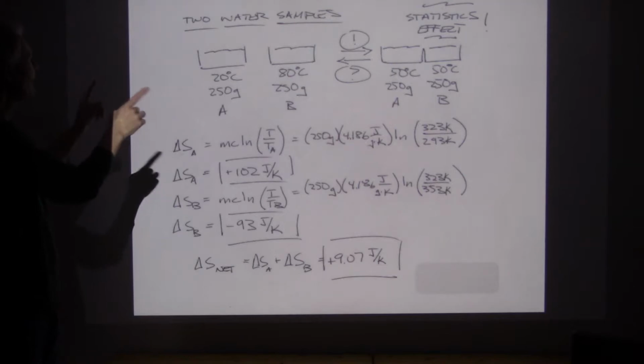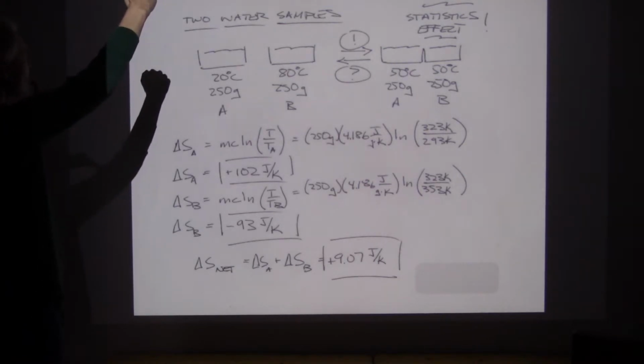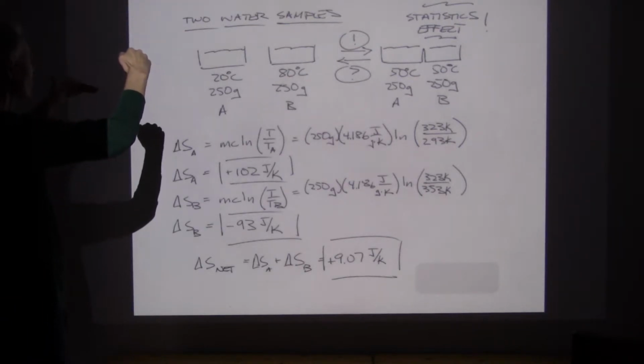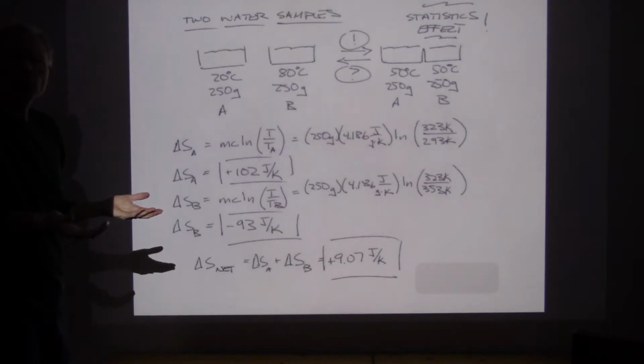What looks like a symmetric problem: the 80 Celsius water came down to 50, the 20 Celsius water came up to 50. Why didn't it just cancel out so that there was no change in entropy?